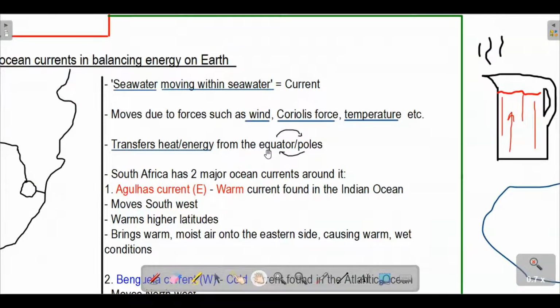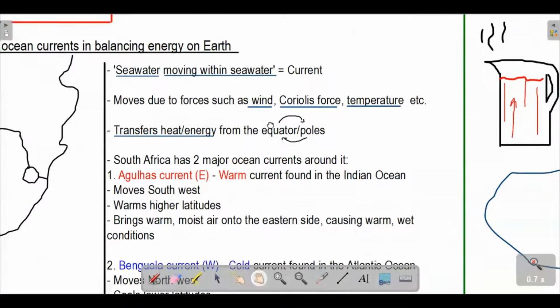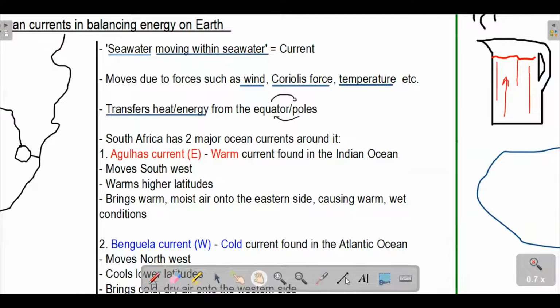Many different currents exist, guys, and for this episode, we will only mention two important currents, particularly the ones that surround South Africa. These ones you really have to know, they are very important. South Africa has two major ocean currents around it.